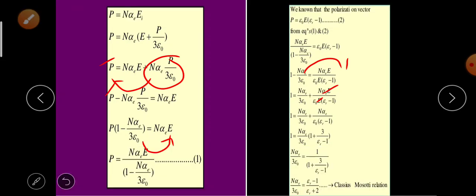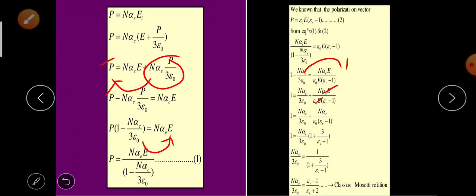Now 1 = n alpha_e/3ε0 into, taking n alpha_e/3ε0 common, 1 = n alpha_e/3ε0 (1 + 3/(εr − 1)).